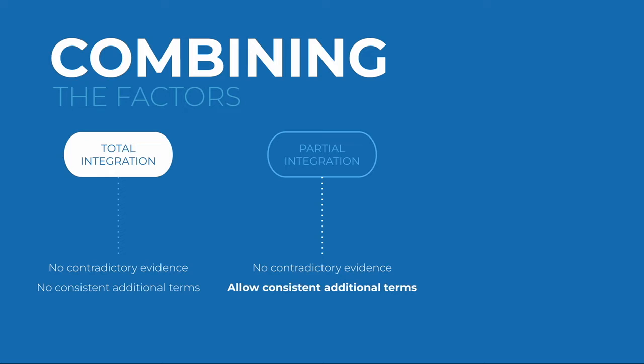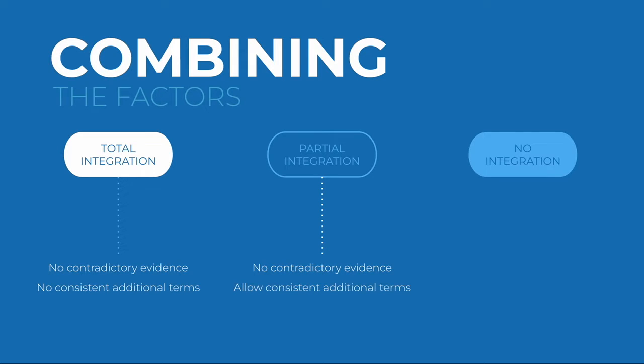However, if it's a consistent, meaning non-contradictory, additional term, then it can come in. We're allowing this extrinsic evidence, assuming it's a consistent additional term. You're offering the evidence to show here is a consistent additional term, not to contradict what's there.